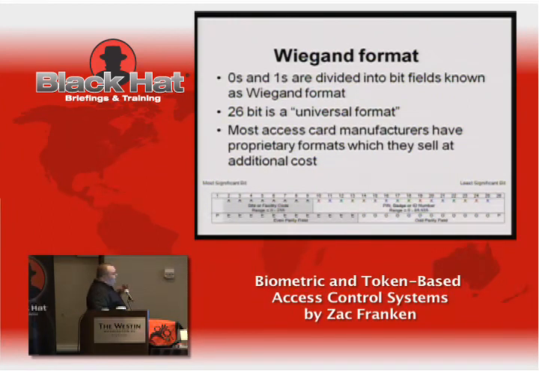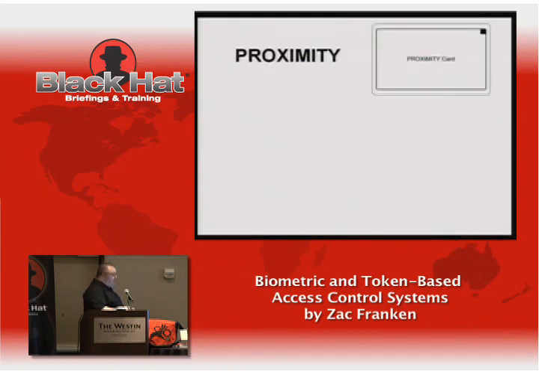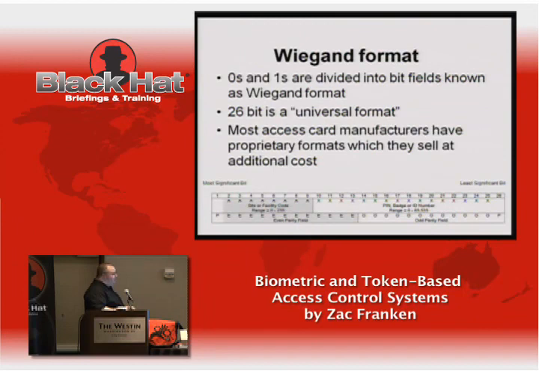There are many, many card formats, but kind of publicly used, there's the universal format, which is 26 bits, and it's split up into a site code or facility code and an ID. And the leading and trailing bits are parity bits, so this performs even parity on the first 12 bits, and that performs odd parity on the last 12 bits.